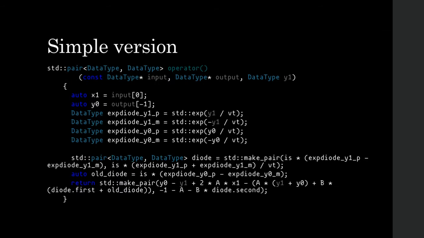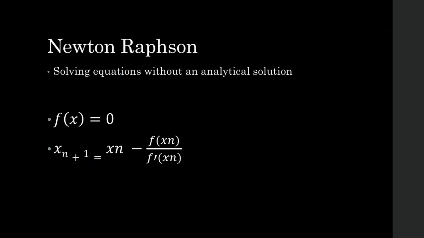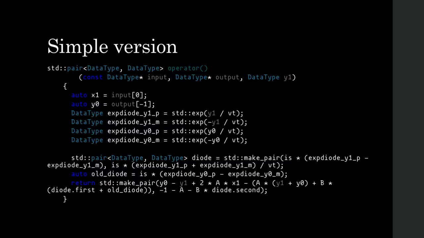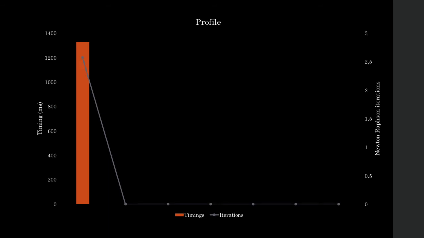You have your Newton-Raphson algorithm there, you have these two things, and how can you make that faster? You also know how many iterations were spent, and that's the number here: 2.5 and something. That's the number of Newton-Raphson iterations I'm making on average for that.